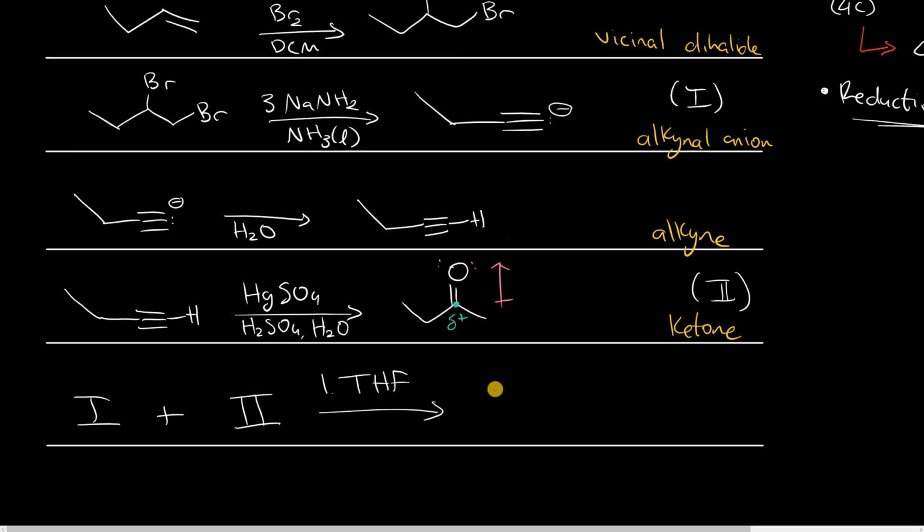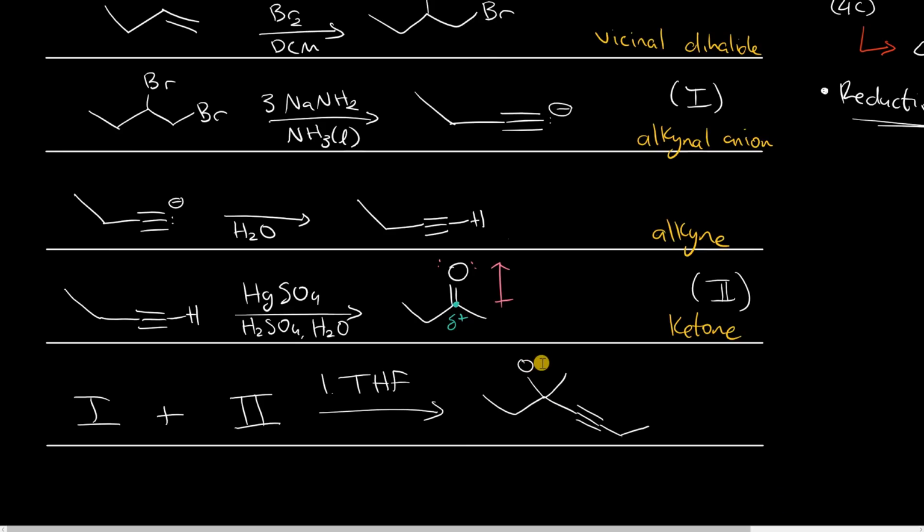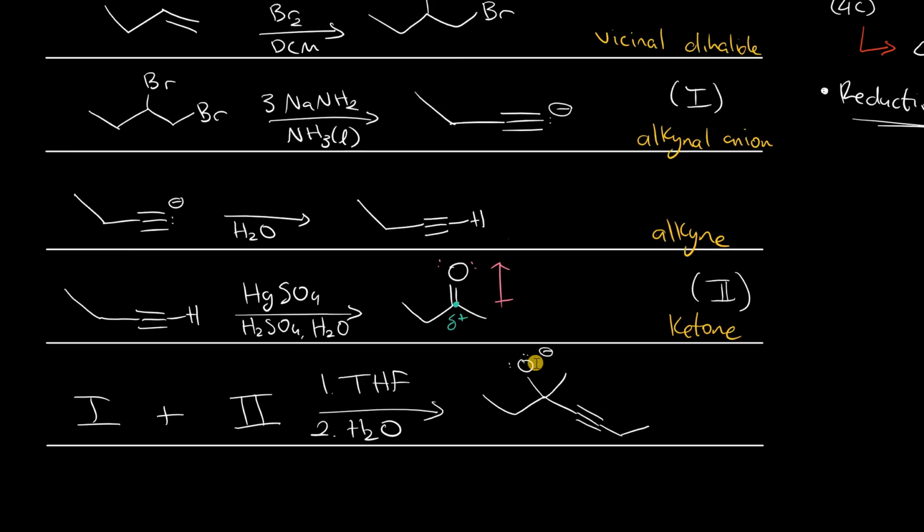And that's because if I have my alkyne and my ketone, the alkyne will come in and attack the carbonyl carbon, sending a pair of electrons up like that, which would form something like this, with a negative charge on the oxygen. But if we carry out a second step, meaning we let this reaction go to completion in ether and protonate it with an aqueous solution like water, we can form the OH group here. So I can save myself some steps and do an aqueous workup after the nucleophilic attack.